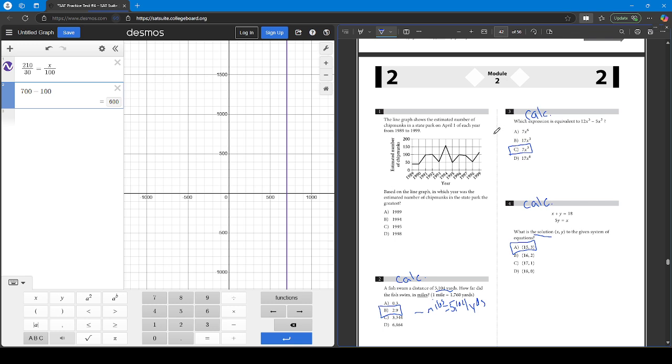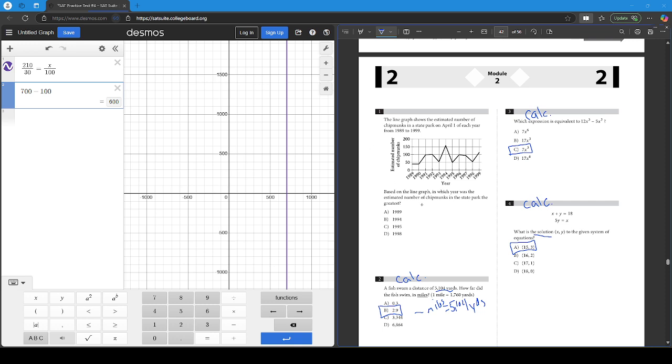All right, now that I got you back, let's go ahead and look at the questions we skipped. Question number 1, the line graph shows the estimated number of chipmunks in a state park on April 1st of each year from 1989 to 1999.